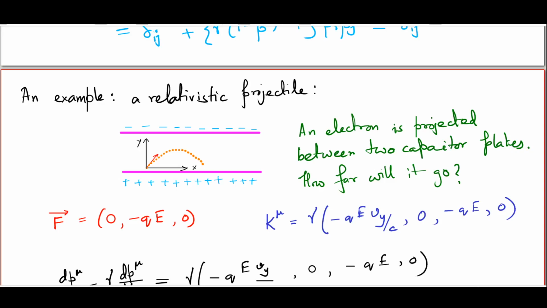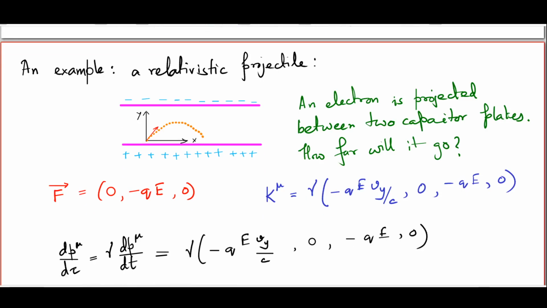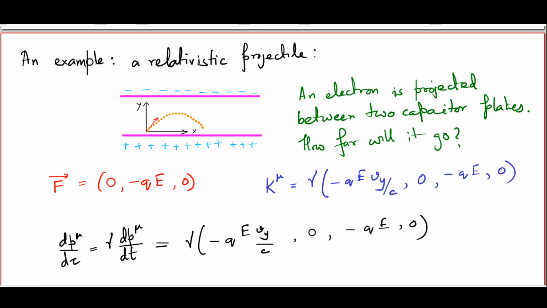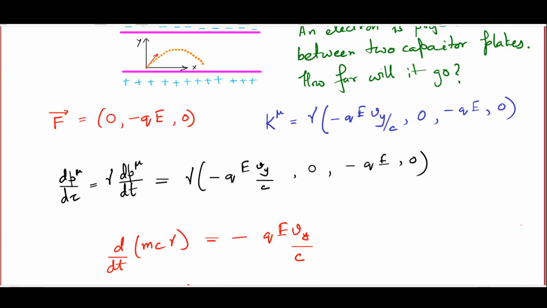So let us go back to the 4-velocity and 4-momentum again, and remember that dp^μ/dτ, which is K^μ, is gamma times dp^μ/dt. So apart from the overall gamma factor, this is what you are going to get. And this can immediately help us write down 3 distinct components for the equations. Actually 4, but there is no role that the z component plays here.